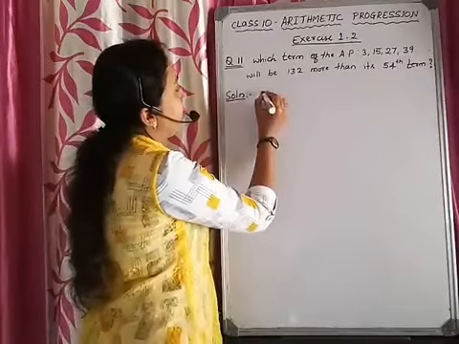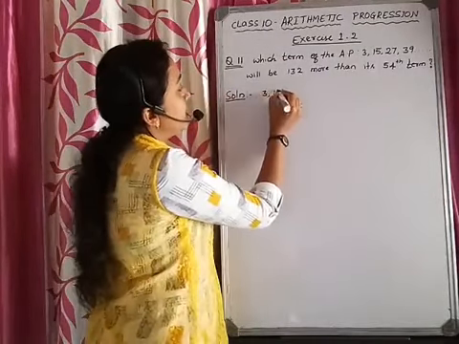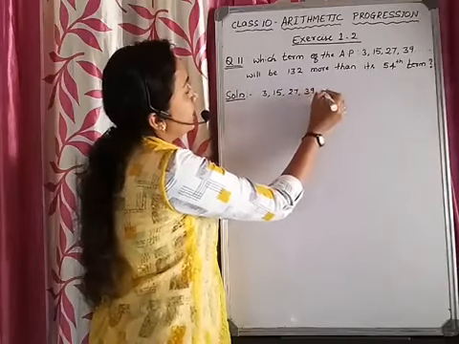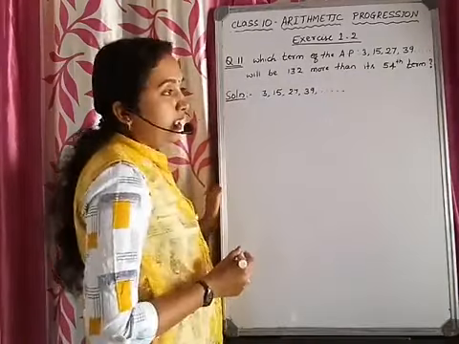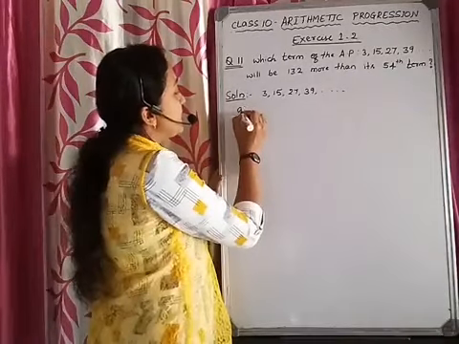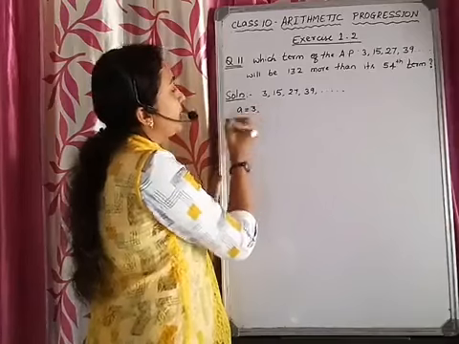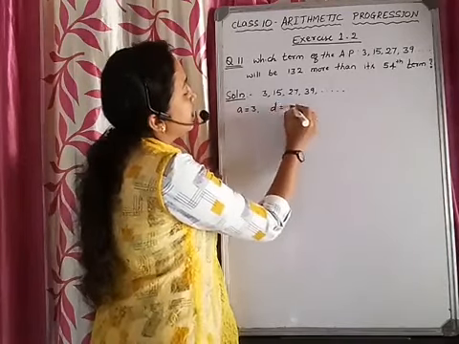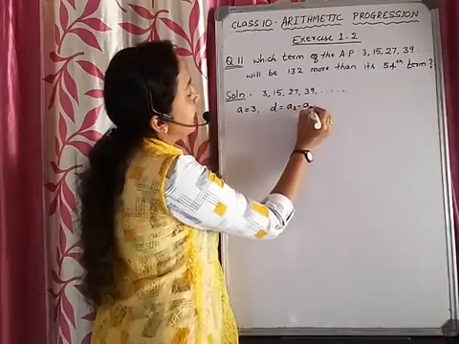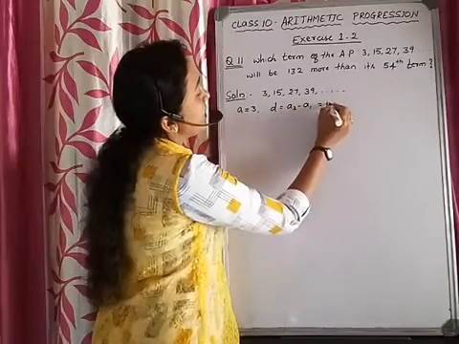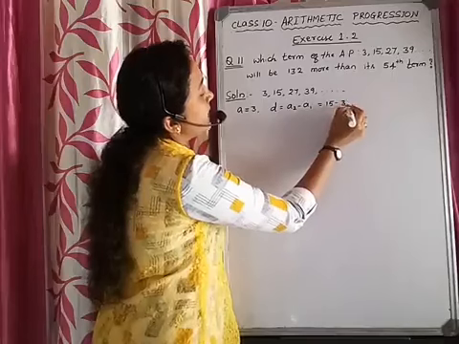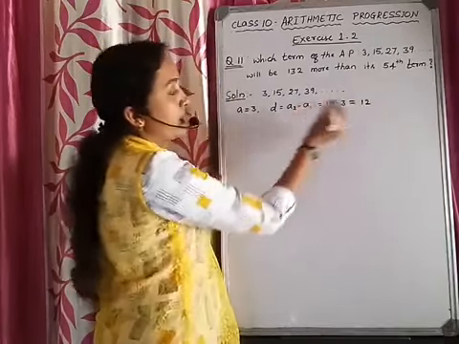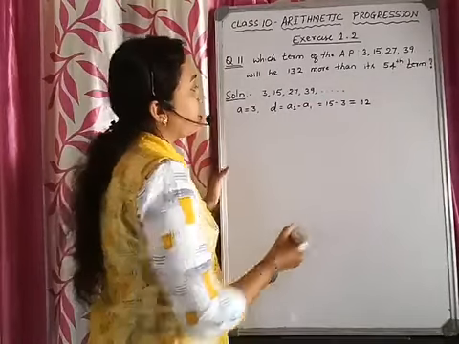Firstly, write the AP 3, 15, 27, 39, etc. So let us take the first term 3, and the common difference A2 minus A1, which is 15 minus 3, is equal to 12. The common difference is 12.